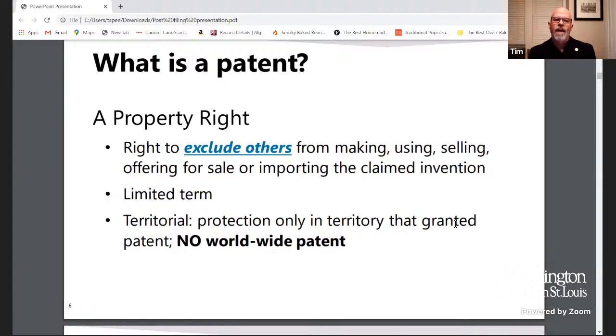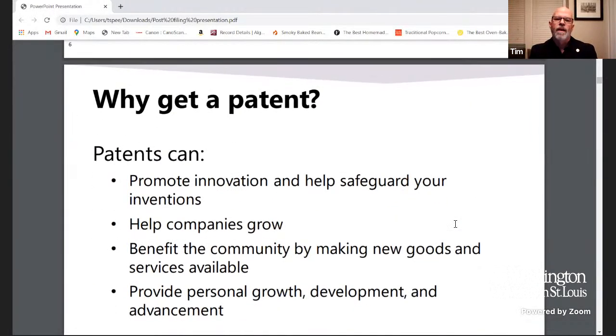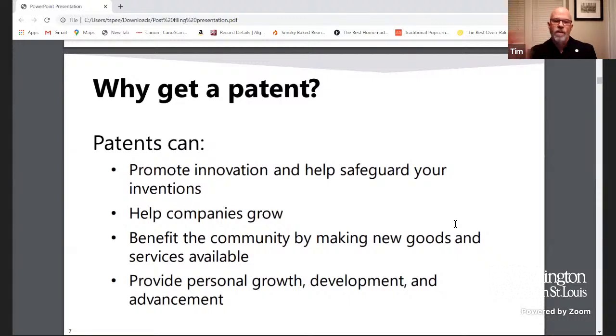And so that's the force in the use of a patent, this exclusionary right, an exclusionary monopoly. For a limited term, 20 years from the date that the application was filed, and also they're territorial, so there's no worldwide patent. We get them by country, and you can apply in various countries across the world. That's beyond the scope of what we want to talk about.